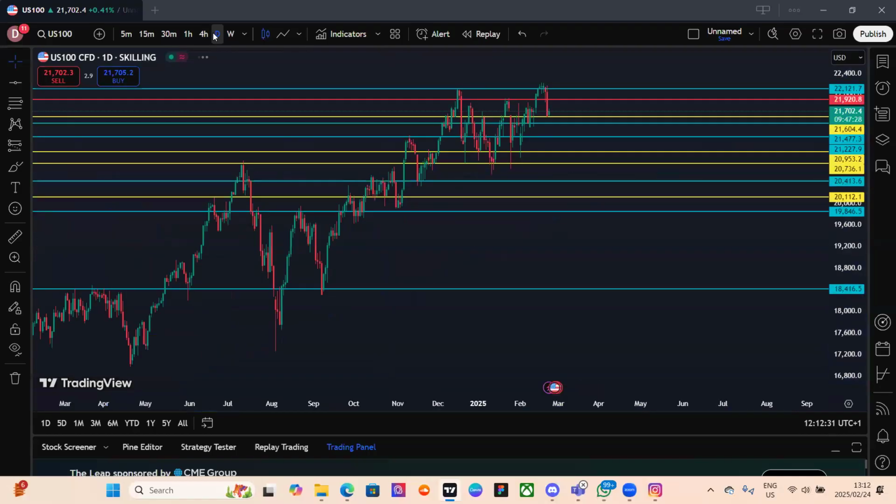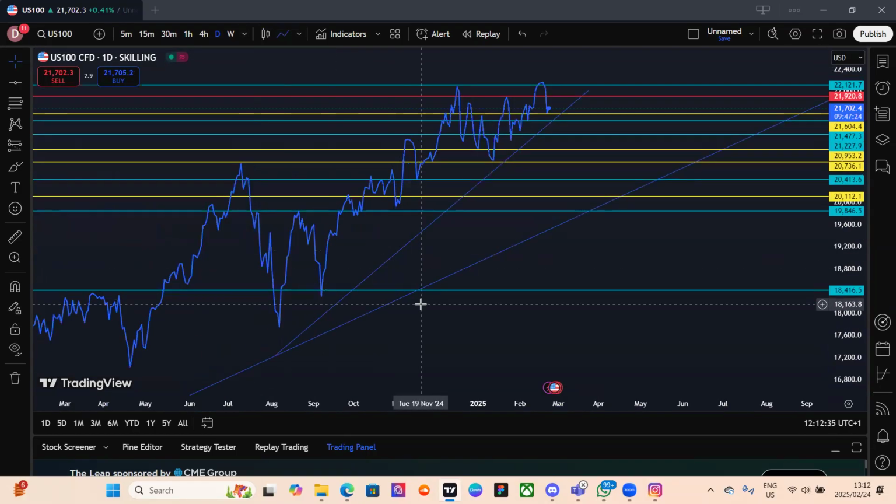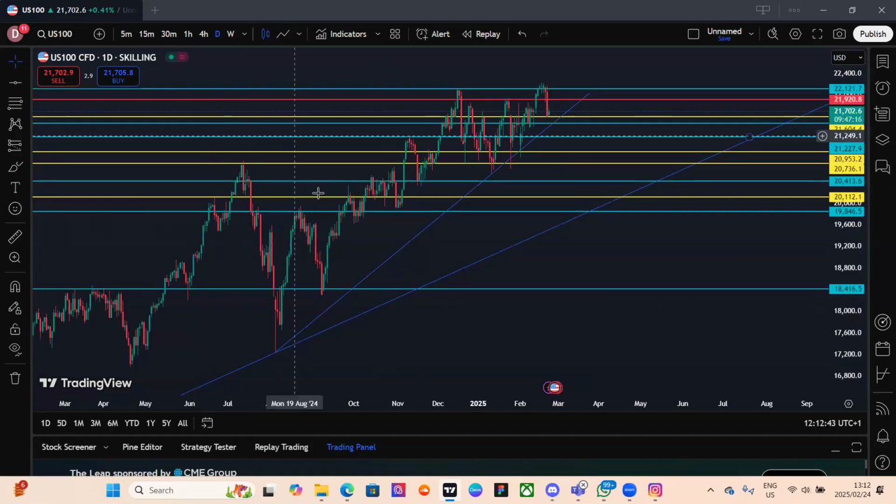There's an area that I'm trying to find here. Okay, not sure. Let's see.